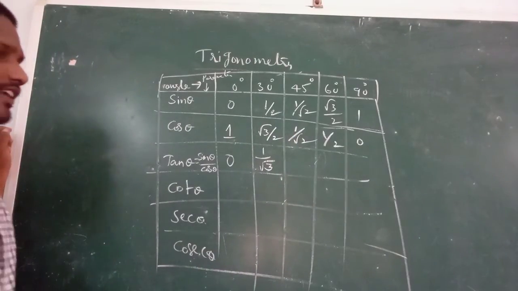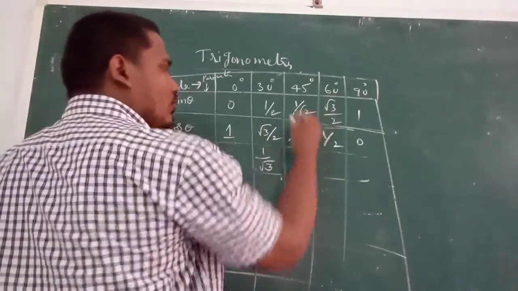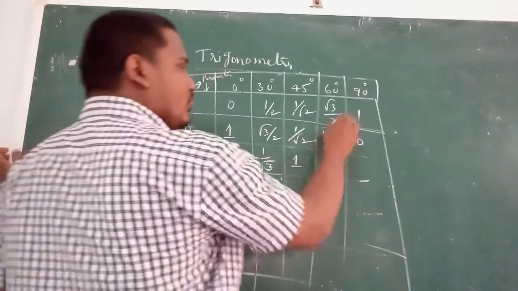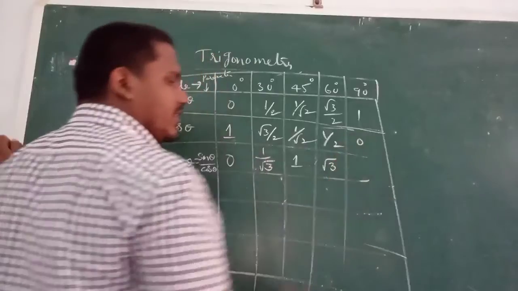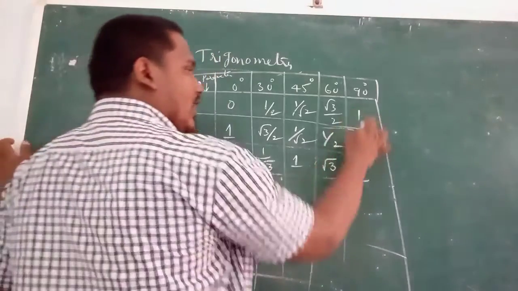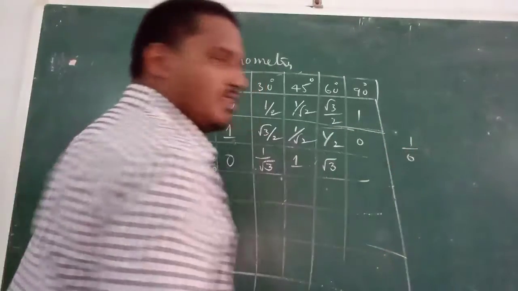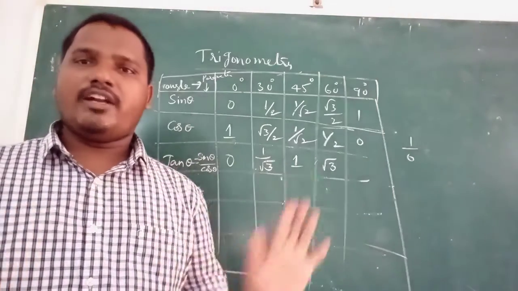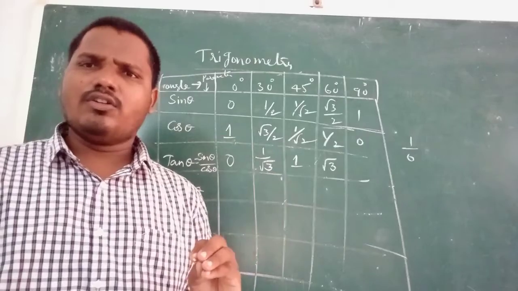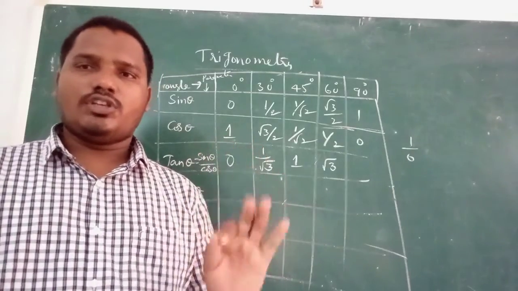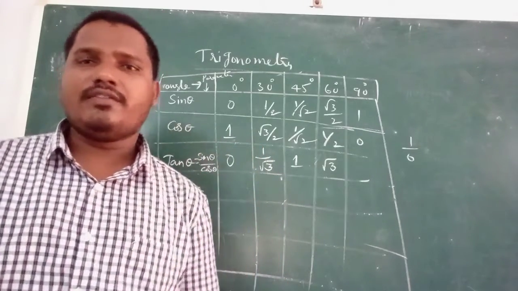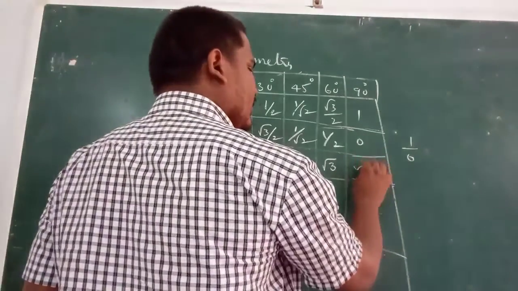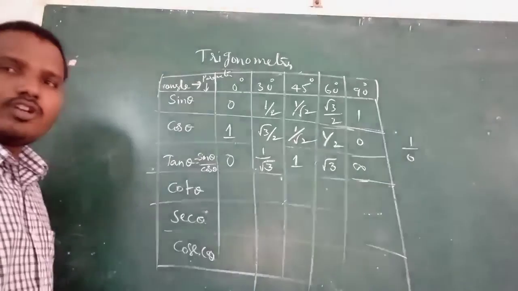Root 2 also cancelled. You are getting 1. And 2 will be cancelled. Root 3 is the value. 1 by 0 means if 0 is in the denominator, that value can't be defined. Any value doesn't divide with 0. So 1 by 0 is infinite.